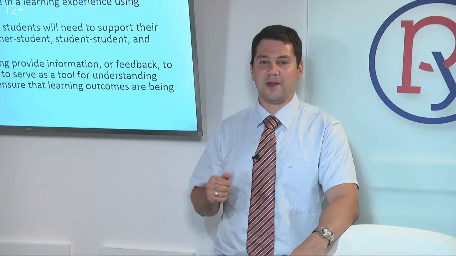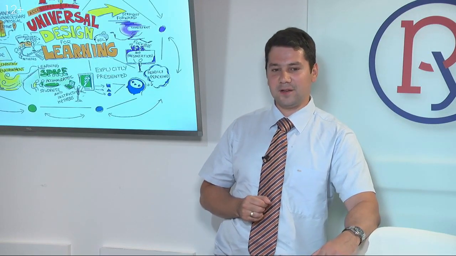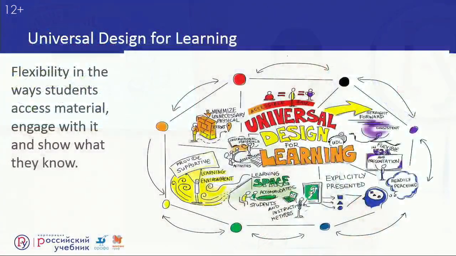Once again, this is a reference to the webinar about assessment for learning and alternative ways of assessment, where in your lessons you can introduce certain procedures that will help you make sure that students are actually achieving the learning outcomes. And finally, there is universal design for learning.